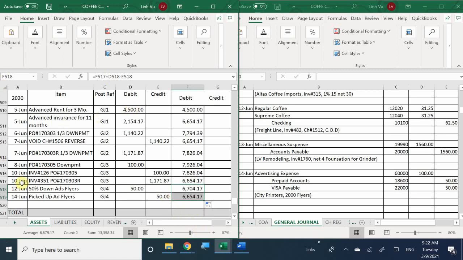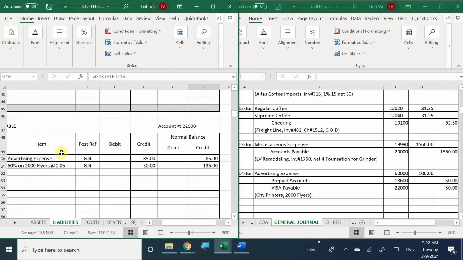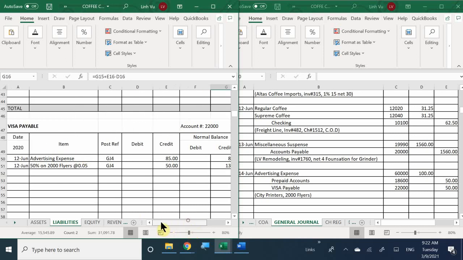Okay. And then lastly, we paid it on our Visa credit card. So we're going to enter this in our liabilities. Here's my Visa credit card. June 14. And then again, 50% on 2,000 flyers, remaining 50% on 2,000 flyers.